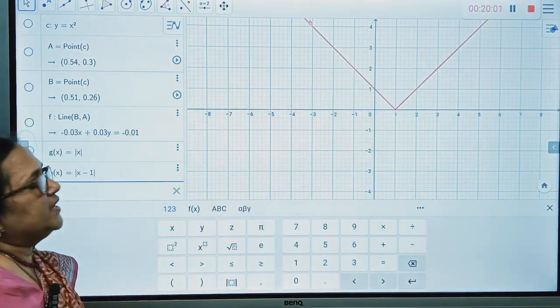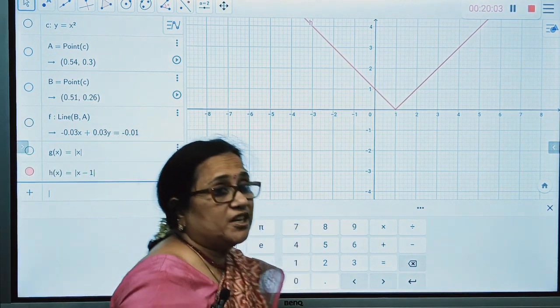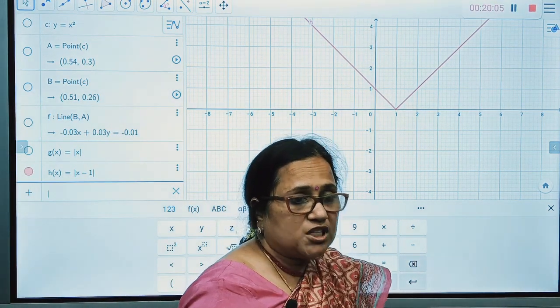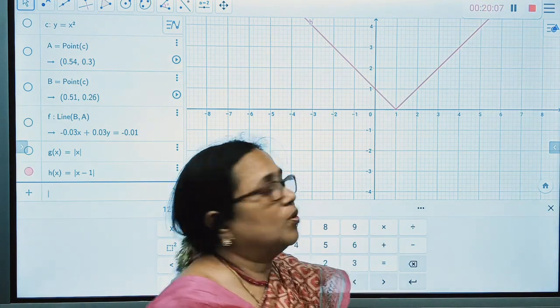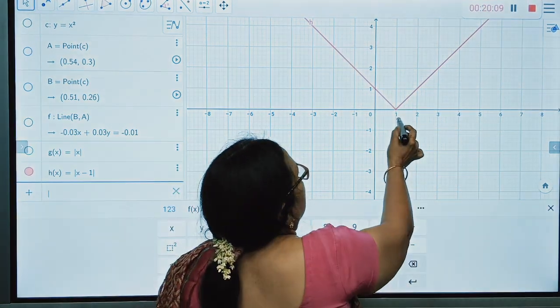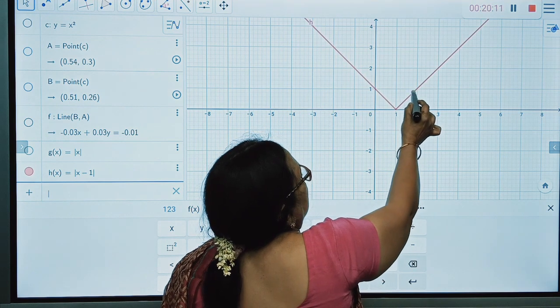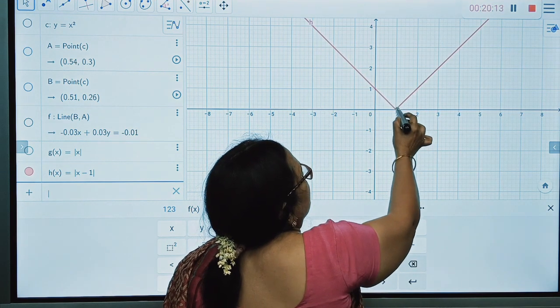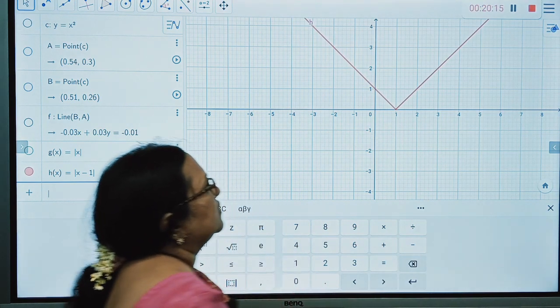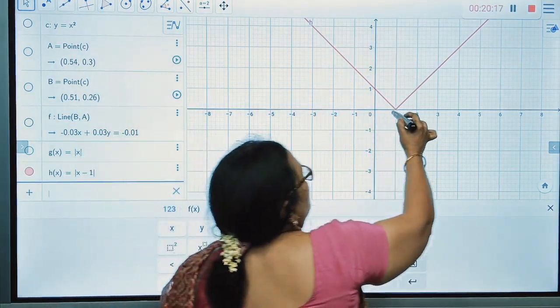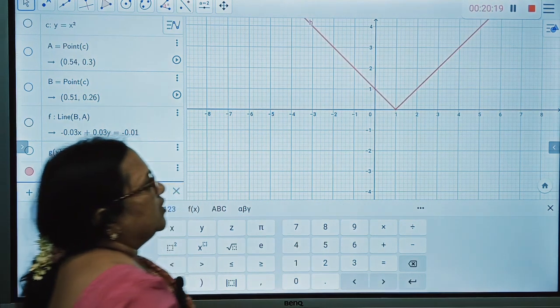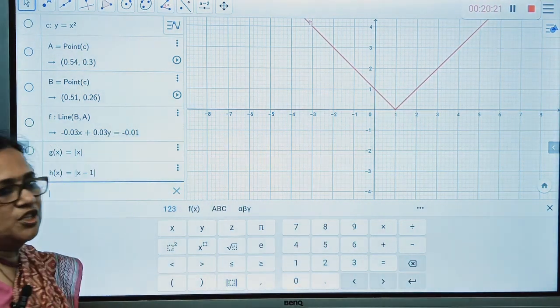So you can see at 1, we were discussing differentiability of the modulus function at x equal to 1. So now what do you observe? At 1 there is a sharp turn. Therefore, the slope of this is different from the slope of this. Again, the slope of this is minus 1 and this is plus 1. So this function is not differentiable.